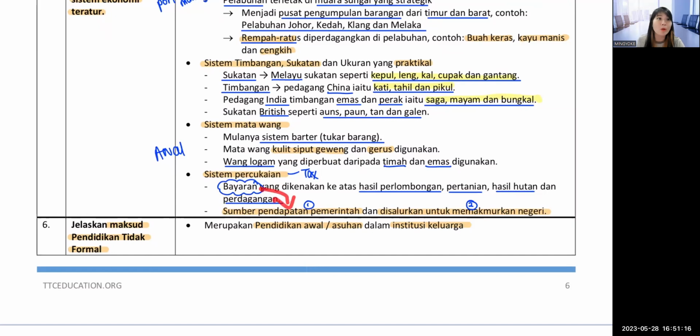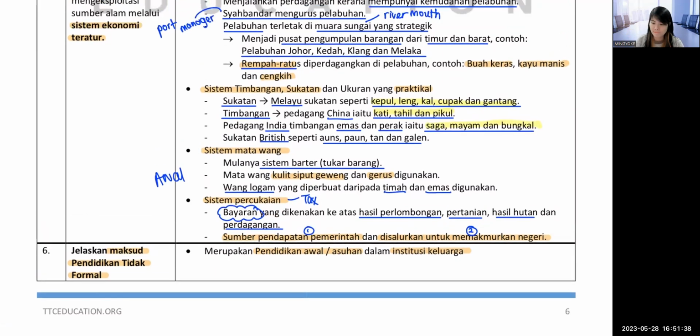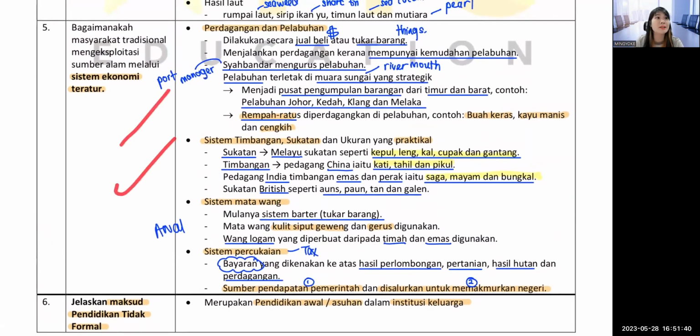And this payment will later on become what, you know? The purpose is used as so-called salary for the government, and also to be provided to prosper our country, to build more public services. Understand here?